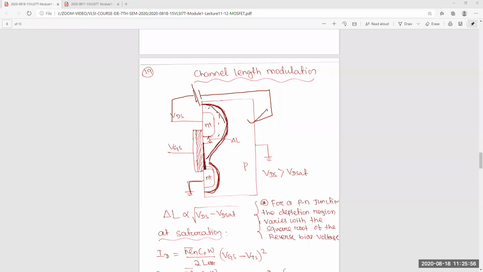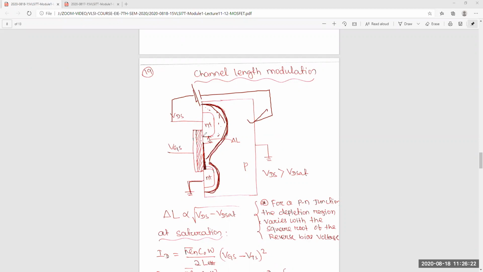More negative charges, means Na minus. And the inversion charge will be less here. So finally, if you increase VDS more than the threshold point, what happens? The inversion charge will be 0 or not. Okay, so it will come down.